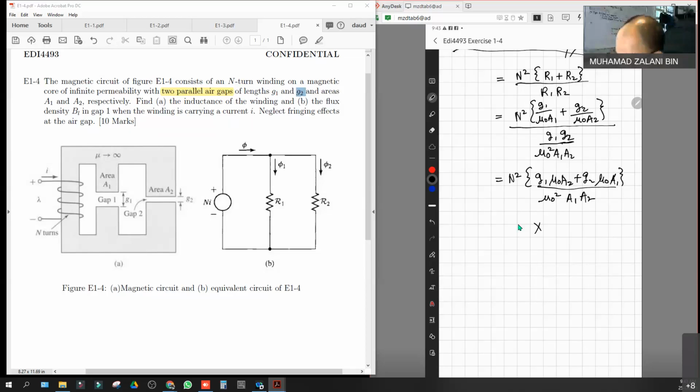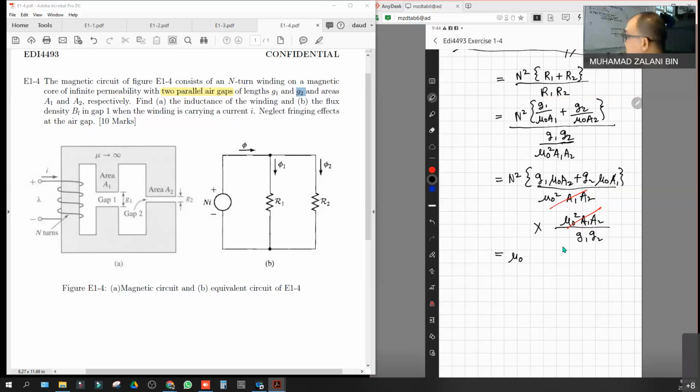Times mu naught square A1 A2 divided by G1 G2. So in this case we can cancel these two. Actually this equation continues, but going down it doesn't fit. Right? So we can cancel that.